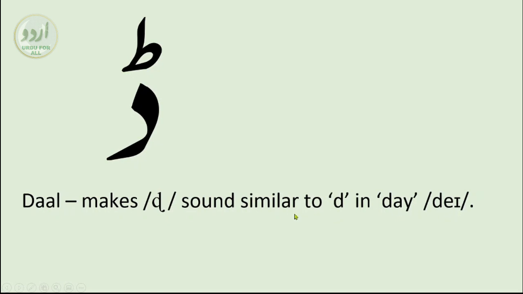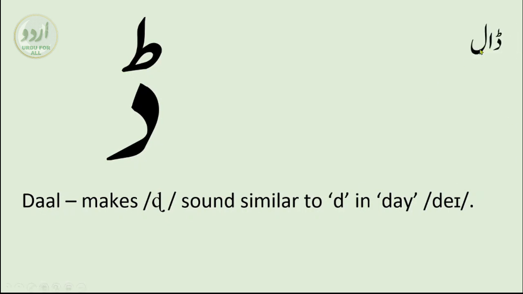But what's the difference? In English, when you say d, your tongue is touching your alveolar ridge, the area behind your teeth. But when you say Urdu dal sound, your tongue slightly rolls back and touches your palate instead. Okay? So d and d slightly different.